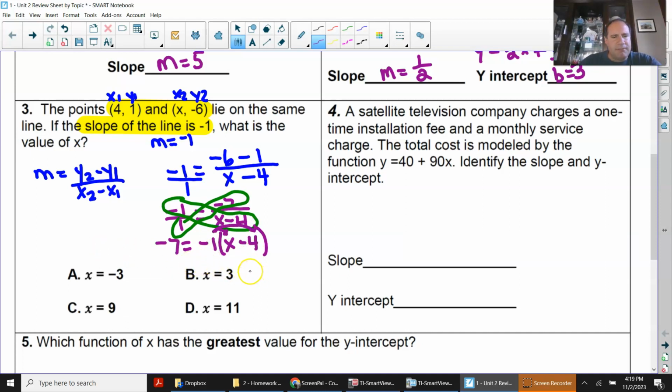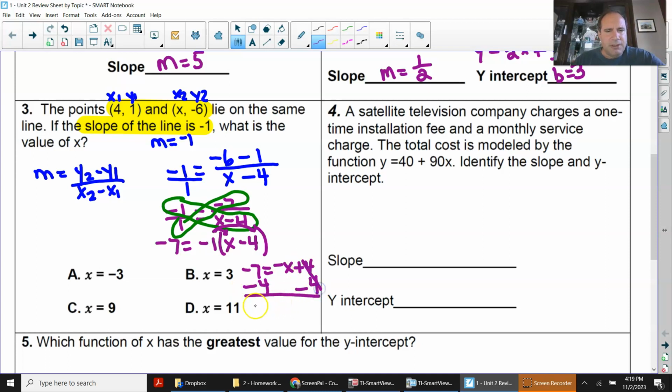So I'm going to rewrite it as negative 7 equals negative x plus 4. Negative times a negative in that second distribute becomes a positive. So then to solve for x, I would just subtract 4 on both sides.